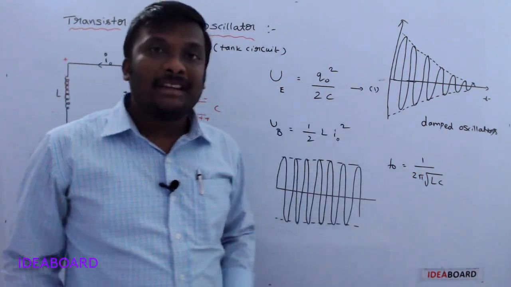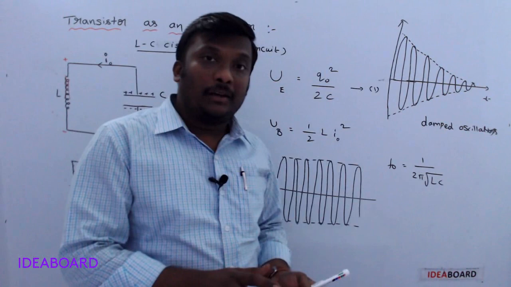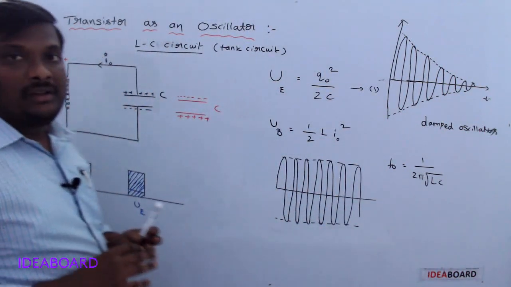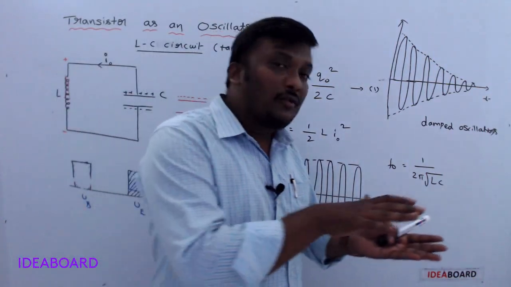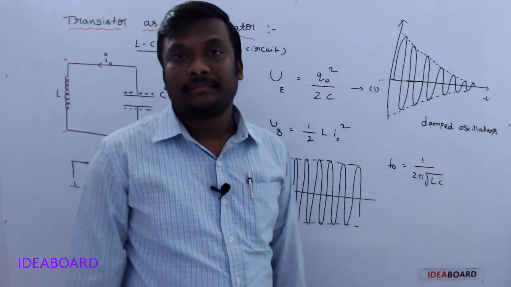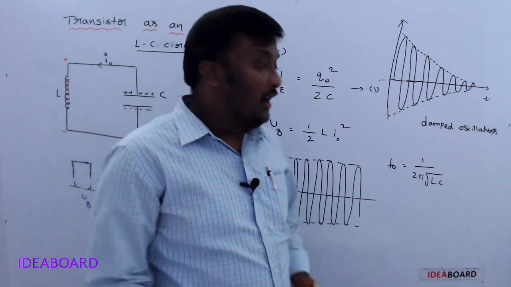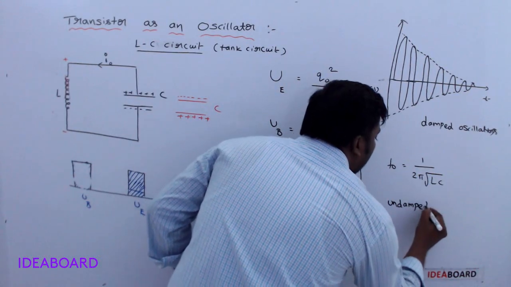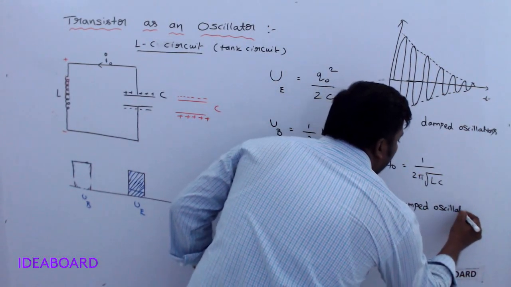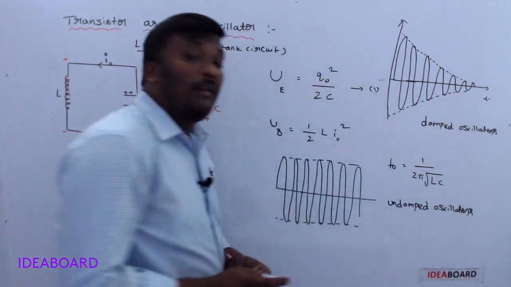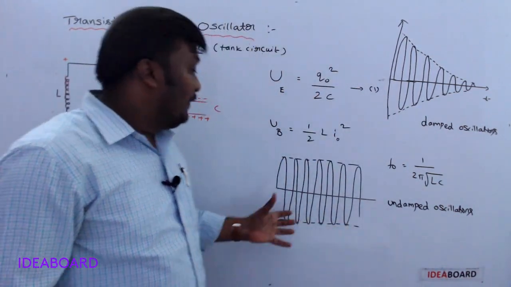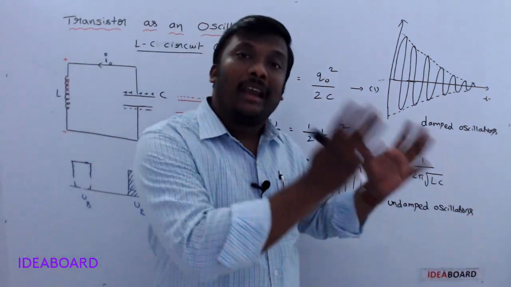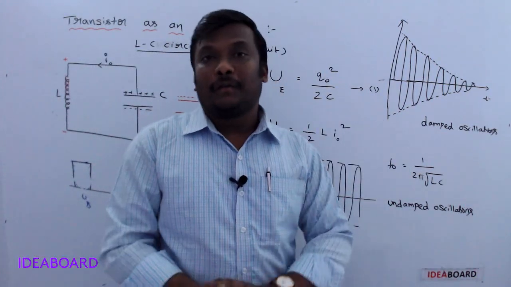During damping, the electromagnetic waves produced by this LC circuit travel a small distance, after that they die away. But our requirement is undamped oscillations. If this type of electromagnetic waves is created, then they can travel long distances. It may be useful for us.